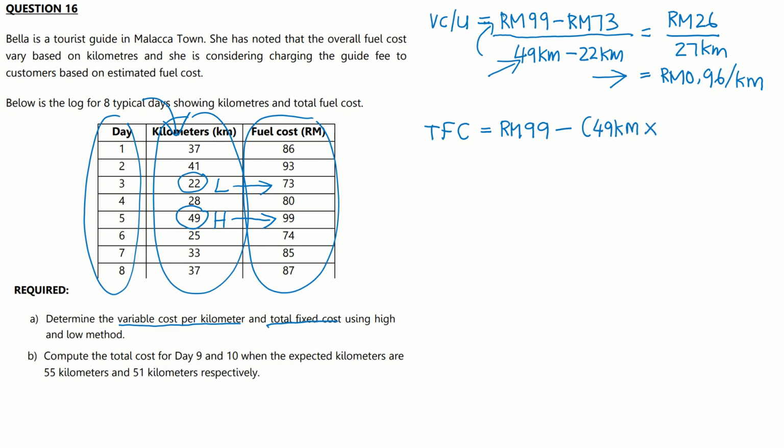We know the variable cost per unit is 96 cents, so we multiply it with the number of kilometers we determined earlier. This is your total variable cost. The 99 ringgit is the total cost for that particular 49 kilometers.